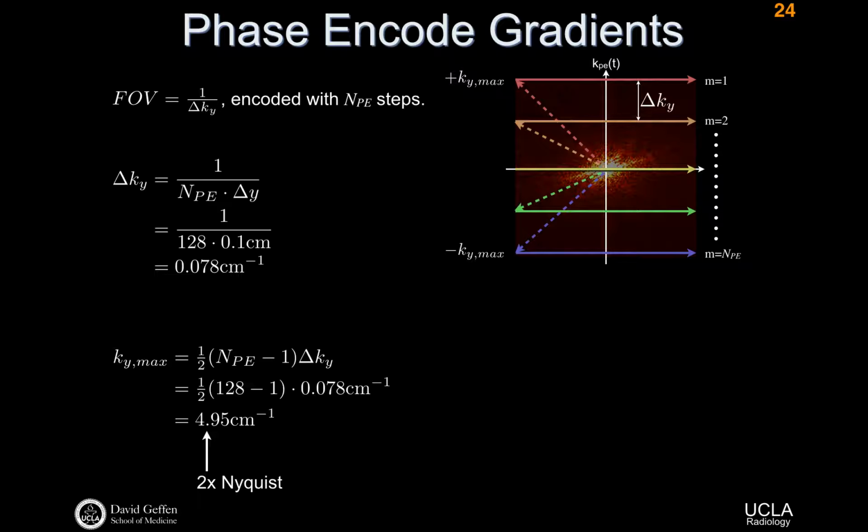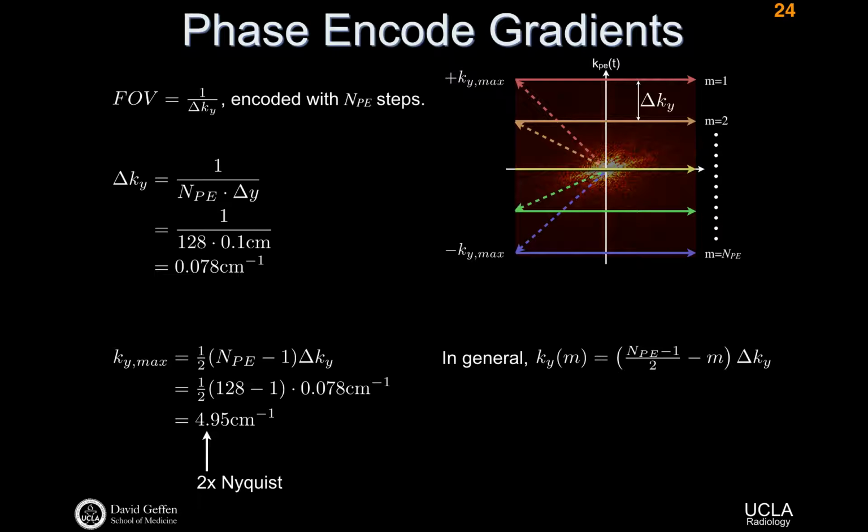That's something like half an inverse millimeter, and the spatial resolution that we targeted, right? 0.1 centimeters is 1 millimeter, and so here we're at about twice our Nyquist sampling criteria. So we should be meeting the Nyquist sampling criteria for sampling in the phase encode dimension.